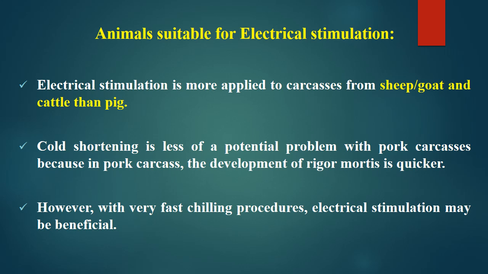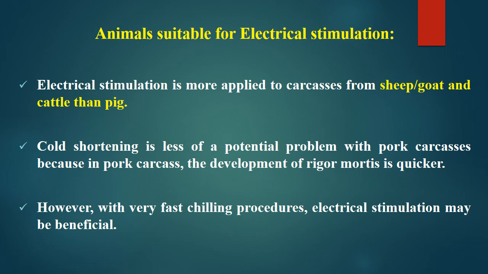Actually, electrical stimulation is more applied to carcasses from sheep, goat and cattle than pig, because cold shortening is less of a potential problem with pork carcasses, because in pork carcass the development of rigor mortis is quicker.